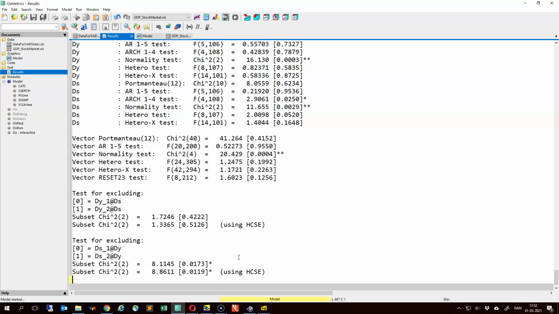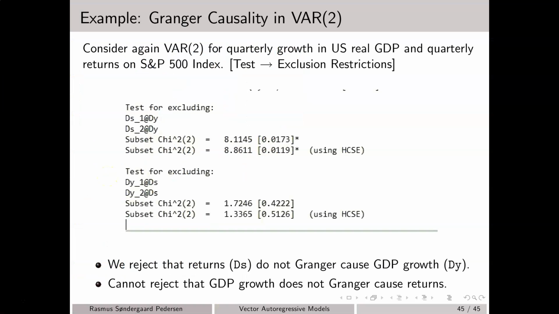So we reject the null hypothesis that the returns do not Granger cause the growth rate in GDP. So another interpretation would simply be that we can use the returns on the S&P 500 index to predict future growth in real GDP. So I've included the estimation output in this slide here.